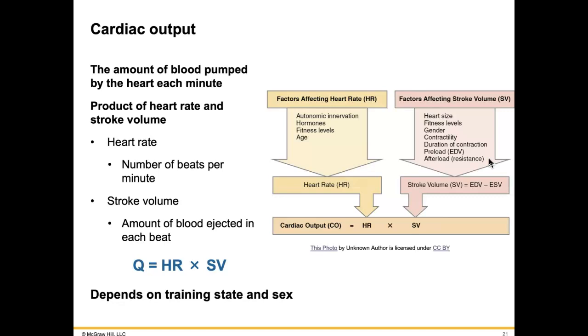So it's the factor that is going to stop the blood from moving in that direction. That's what we mean by resistance. And then we can calculate stroke volume by taking that end diastolic volume, which is also called preload, and subtracting it from the end systolic volume.